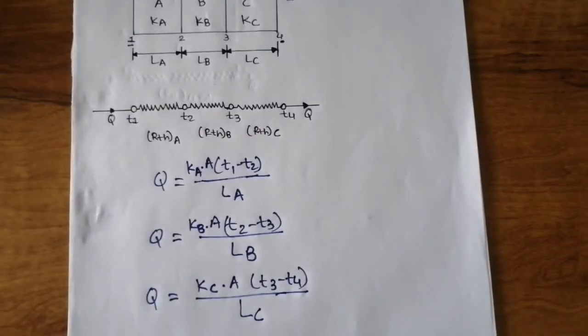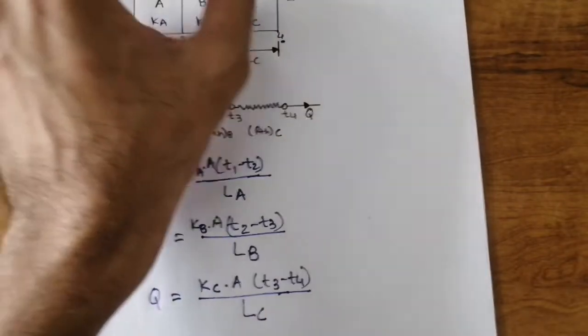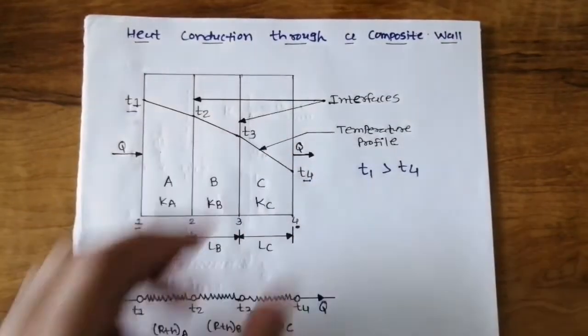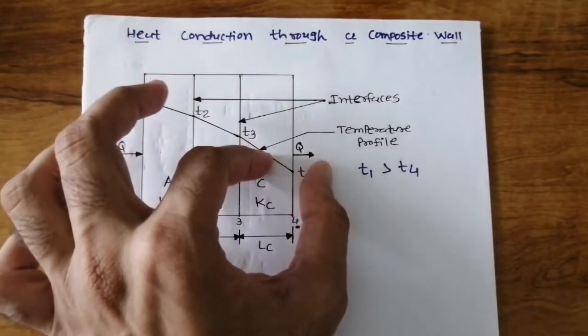First of all, we have considered that the rate of heat transfer takes place at steady state. Steady state heat transfer means the rate of heat transfer for layer A, layer B and layer C is the same.